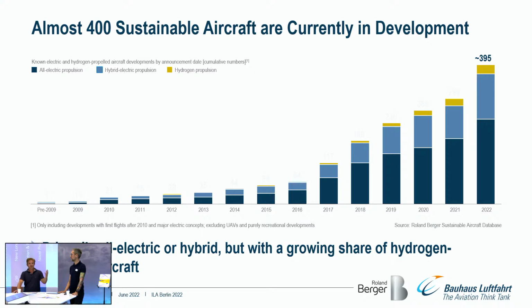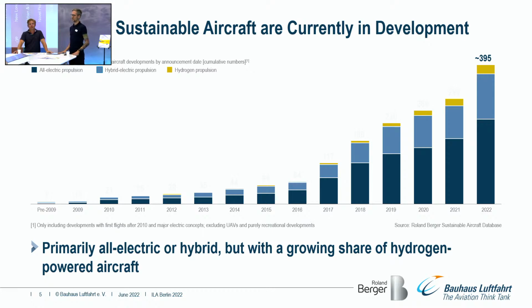The opposite is true for electric and hybrid electric propulsion systems, where we do see, for example with Lilium, Volocopter, Joby, and so on, projects that will most likely be launched within this decade, as they also offer ranges which are easier to serve with electric propulsion.